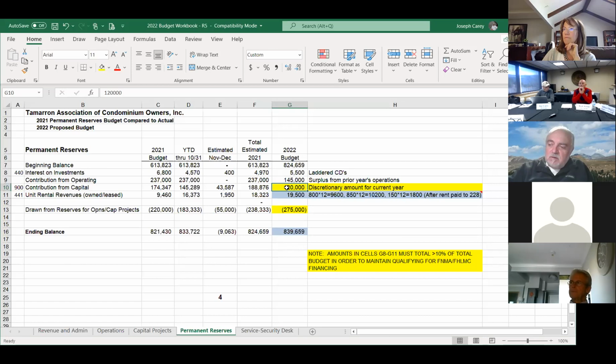If Fannie Mae and Freddie Mac do decide somewhere during 2022 to start funding loans for condo associations like ours, there's the risk that any loan applied for could be rejected because of our current budgeting for 2022. In 2023, we could go back and meet that criteria again and be in compliance, and they wouldn't be able to reject someone's loan based on how we budgeted. So that's the scenario. Yeah, I understand.